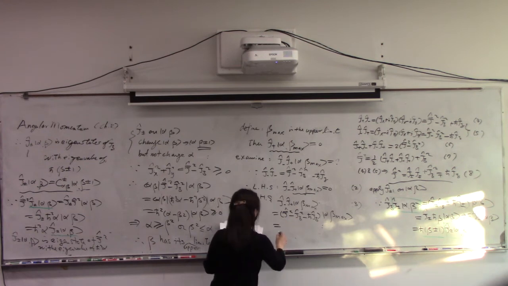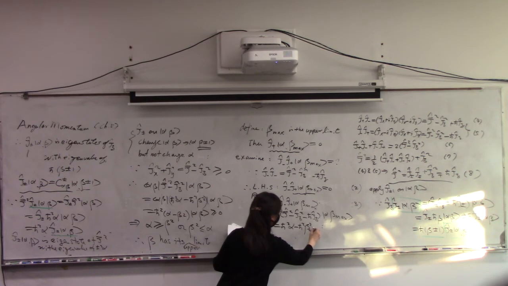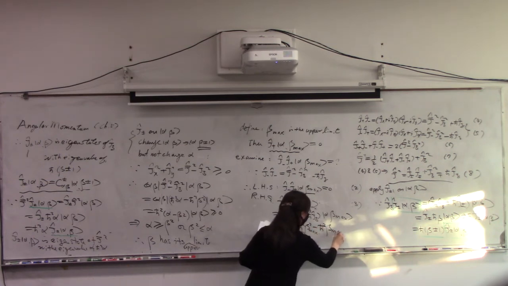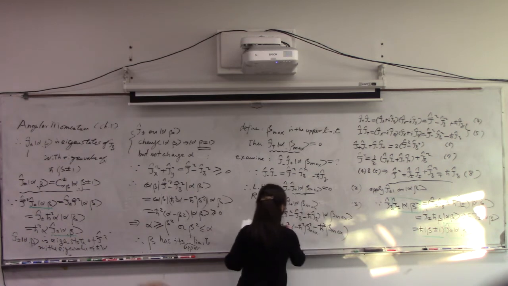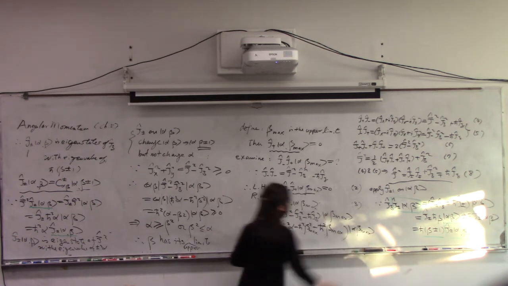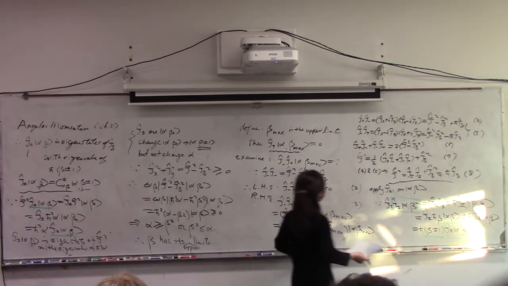So we can immediately get h bar square alpha minus h bar square beta maximum square, and minus h bar square beta maximum, on alpha beta maximum. Right? Then the left-hand side is 0.